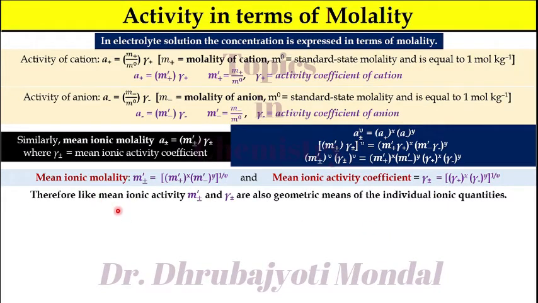Therefore, like mean ionic activity, m prime plus-minus and gamma plus-minus are also geometric means of the individual ionic quantities.